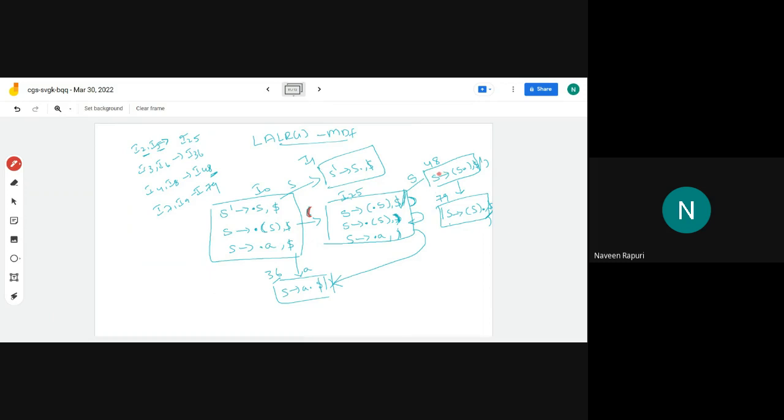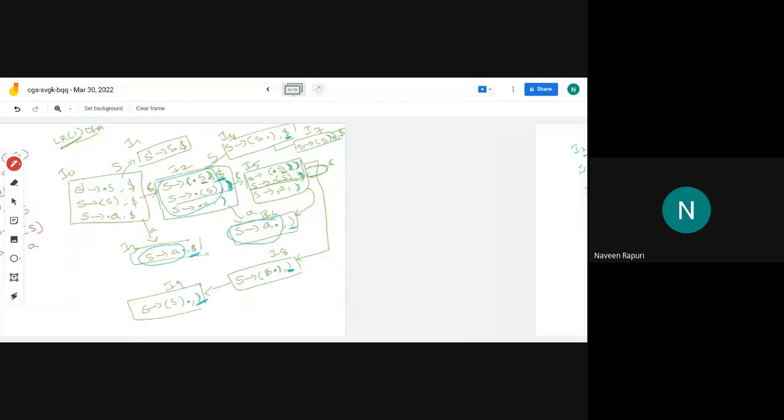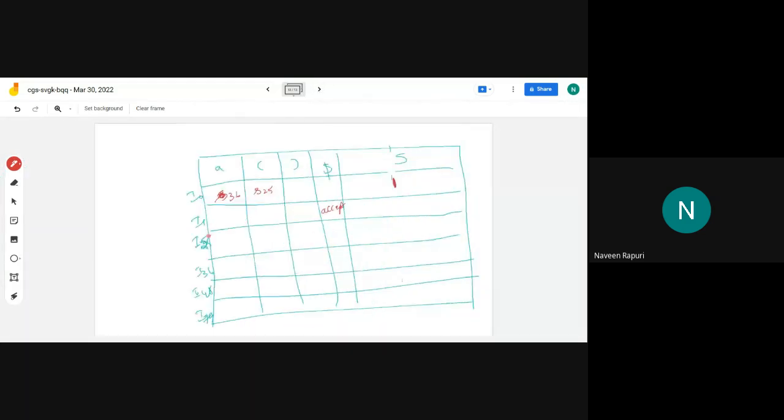And I2 on capital S, we are moving to 48. I25 on capital S, we are moving to 48. Suppose if you may get confused, you can write it as I48.